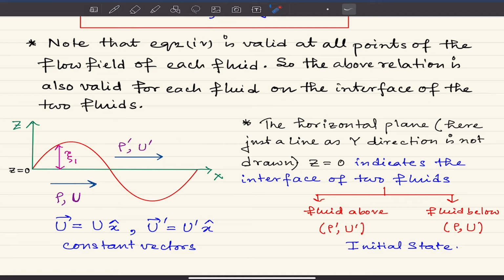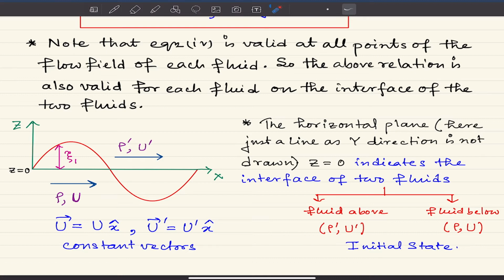Actually the fluid is flowing on the xy plane. Okay, but along y there is no considerable change or variation, and that's why this does not create any considerable change in the whole treatment. So the y dimension we just keep aside for the time being.